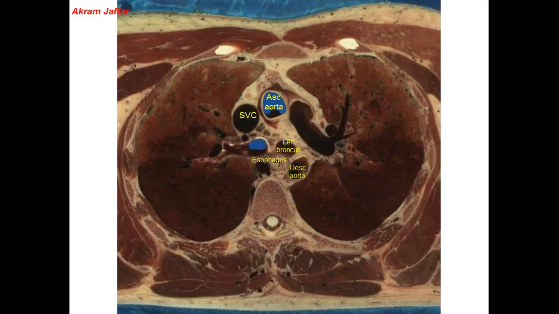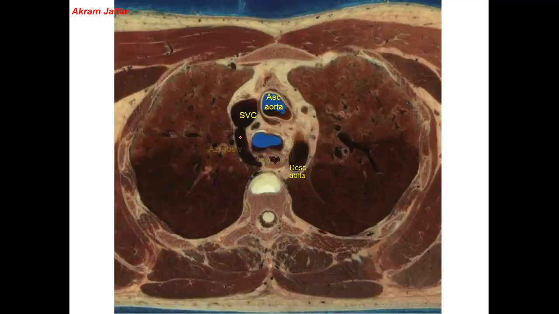On the left side is the descending aorta. So ascending aorta, descending aorta. And on the right side and behind the esophagus and on its right side is the azygous vein. This vein is going to terminate and drain into the superior vena cava higher up. Let's follow this vein, the azygous vein, in a higher section.